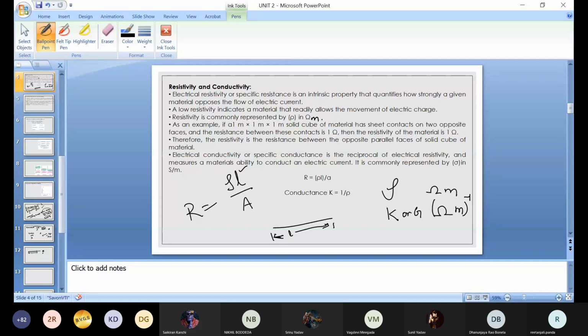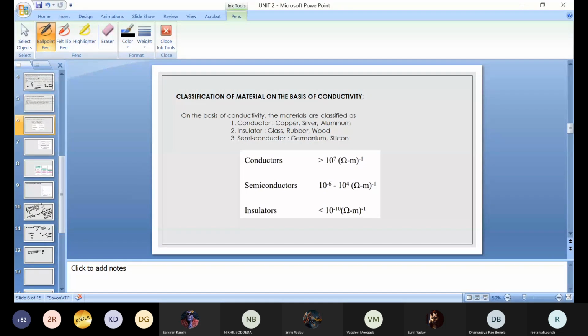So when we say that a material is a conducting material or it has this much conductivity, then depending upon this conductivity, we have three types of material: conductor, insulator, and semiconductor.